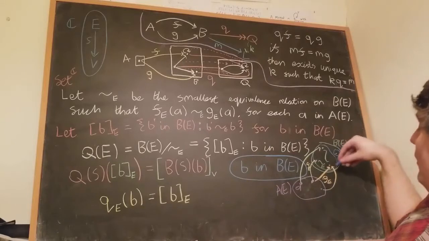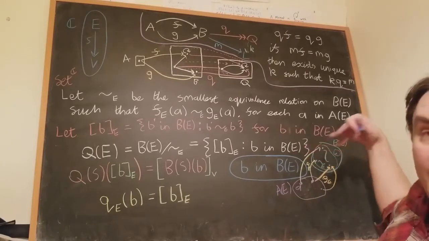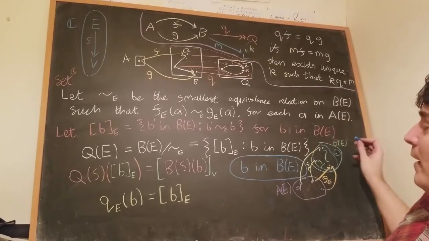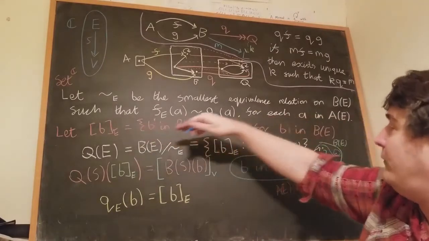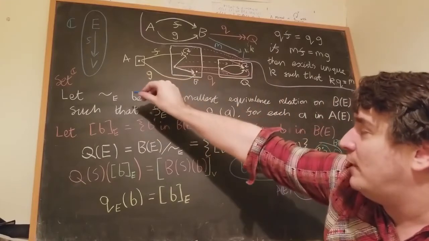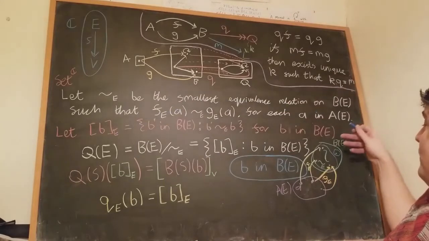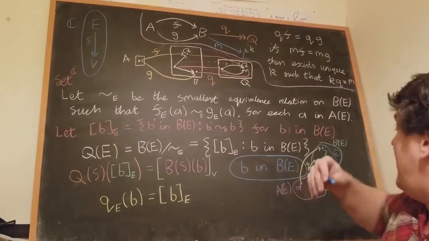Once we draw in these undirected edges, we can think about the connected components of the resulting graph, and these give us our equivalence classes. This tells us how this equivalence relation tilde E is going to partition up this set B of E into these equivalence classes, okay?